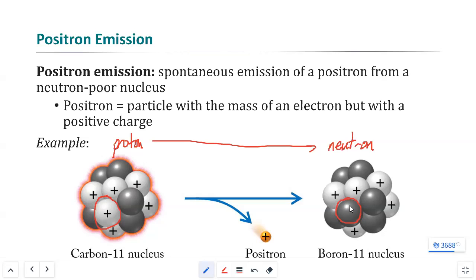And so, again, this happens in neutron-poor nuclei, so we're looking at things that are below that band of stability. So, example of this, carbon-11. Carbon-11 is an unstable nucleus of carbon. When it undergoes positron emission, it will turn into boron-11. Boron-11 is the most common stable isotope of boron.